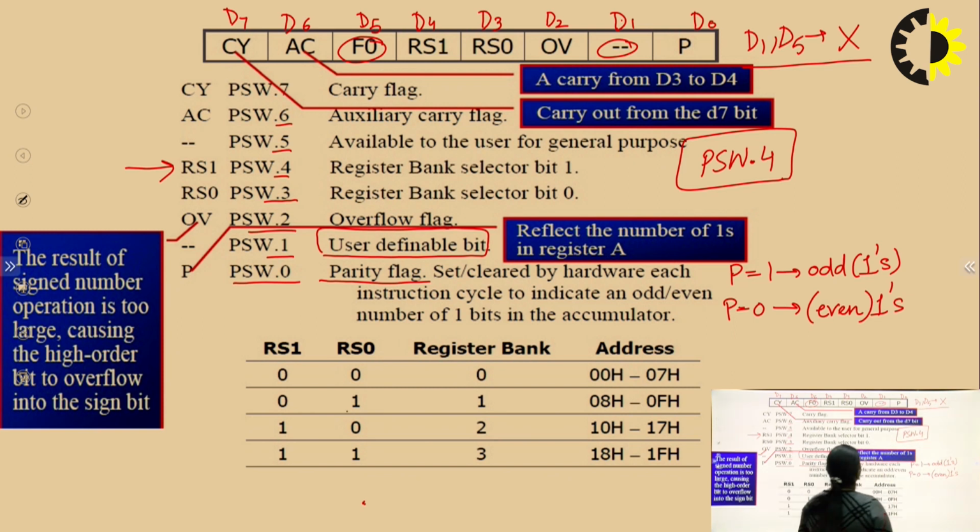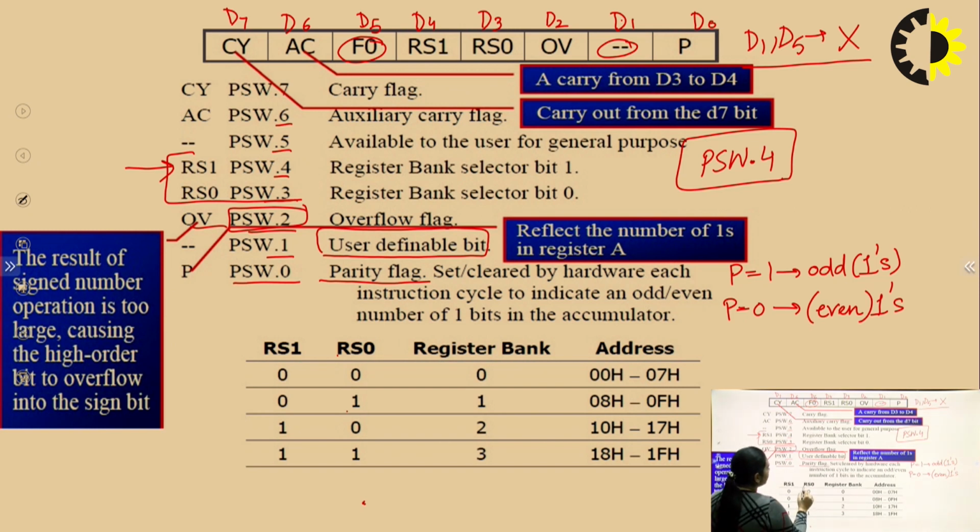Clear? Next is overflow. Overflow is used when the operation is too large and it needs some high order bit, so the high order bit is overflowing, that is why the sign bit is there. Next are these two bits, RS0 and RS1.